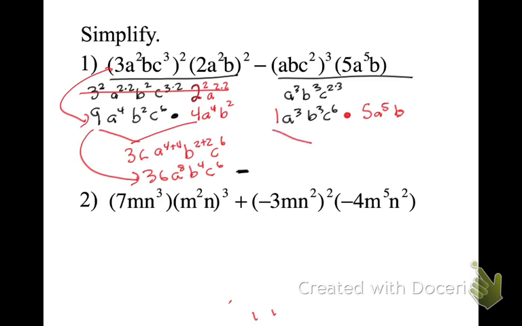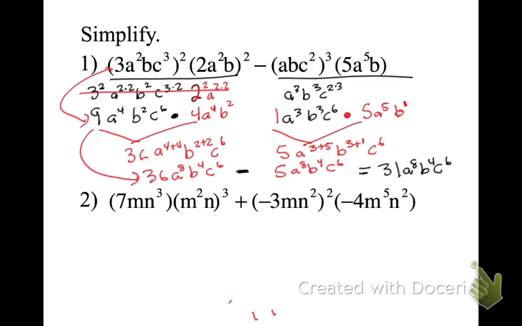So we multiply, and we get 5. I'm getting a to the third plus the fifth, b to the third plus the first, and c to the sixth. So that's 5a to the eighth, b to the fourth, c to the sixth. If I have 36 of these and I take 5 away, I end up with 31a to the eighth, b to the fourth, c to the sixth.